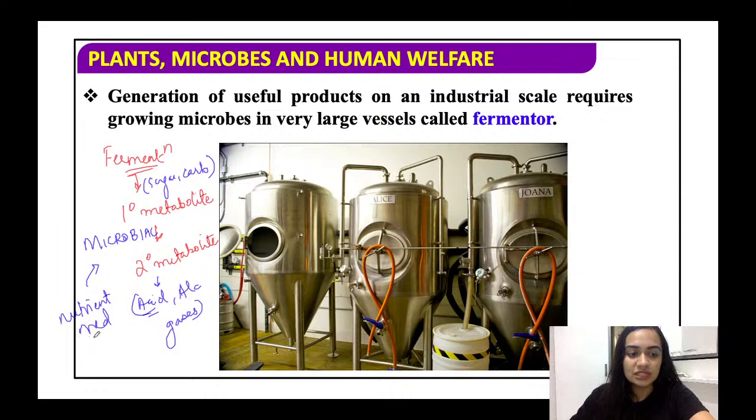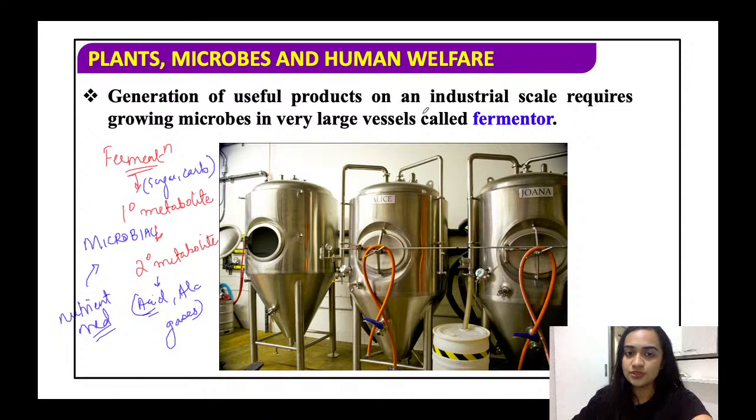Now, this nutrient medium can be anything like carbohydrate or water, or it can be any medium of your interest or according to your requirement, I would say. Fine. So, yes, all that you need to do, it is a catabolic process. Fine. Converting a primary metabolite to a secondary with the growth, with the action of microbes, very important, and you will have a byproduct.